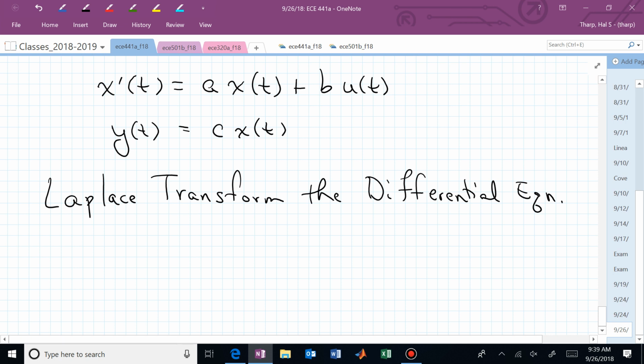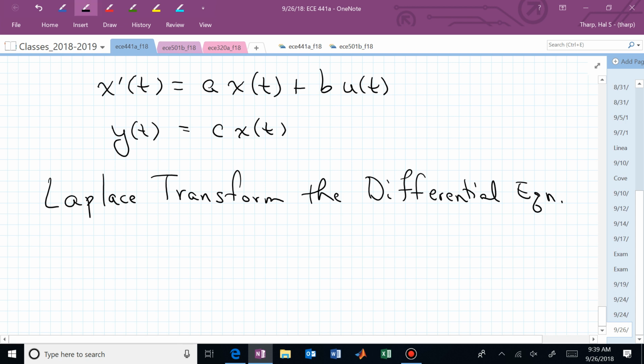What happens when we Laplace transform a derivative? And now I want you to keep track of all of the different pieces. A derivative in the time domain corresponds to what in the frequency domain? Multiplication by s.